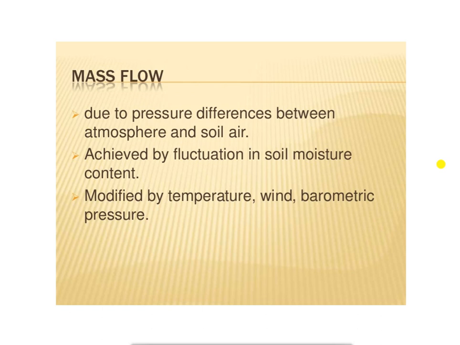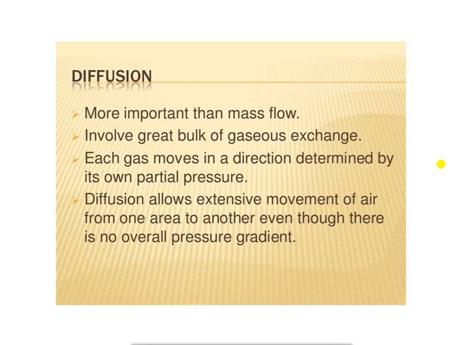It is due to pressure differences between atmospheric air and soil air, caused by fluctuation in soil moisture content and modified by temperature and pressure. Due to pressure differences, it creates rapid movement of gases from soil air to atmospheric air. That is mass flow.